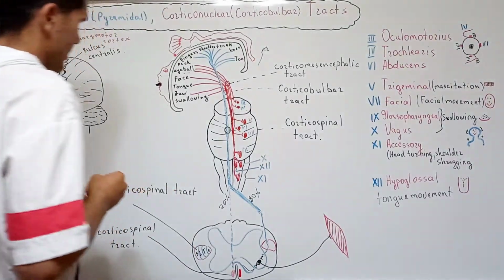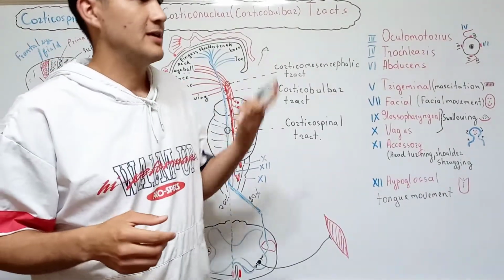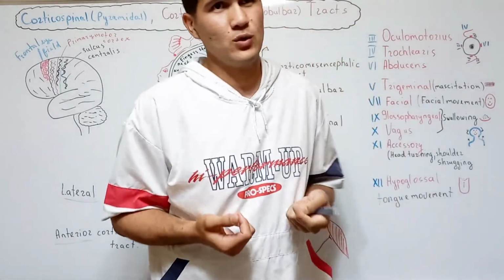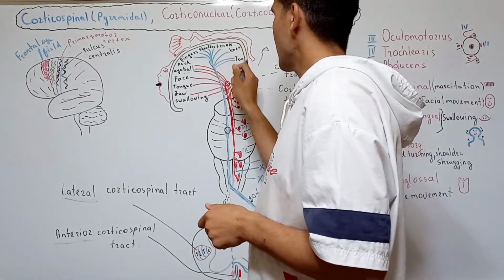Okay, let's start. The motor neurons are of two types. The first one is primary motor neurons located in the hemispheres.